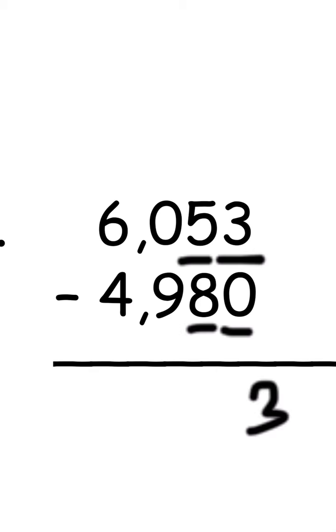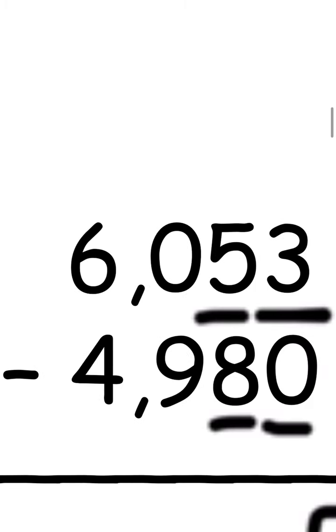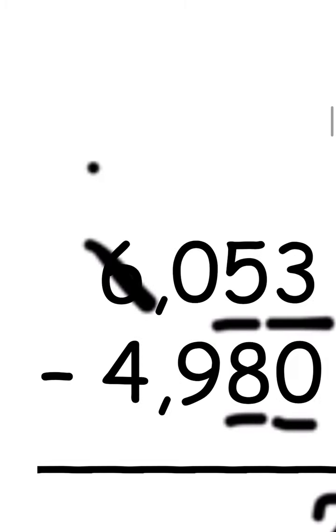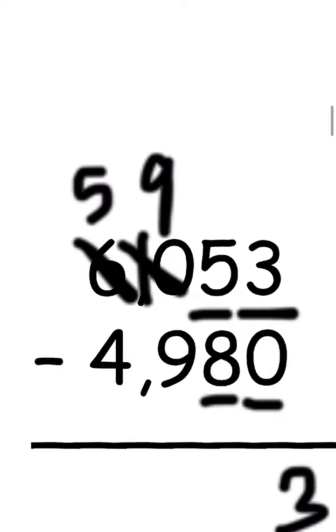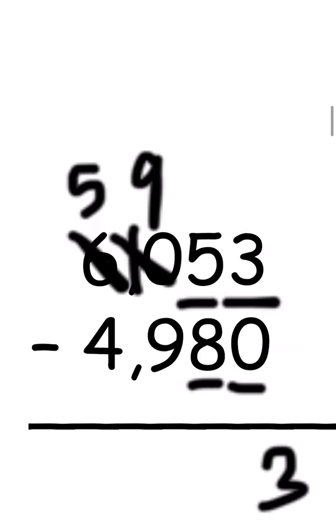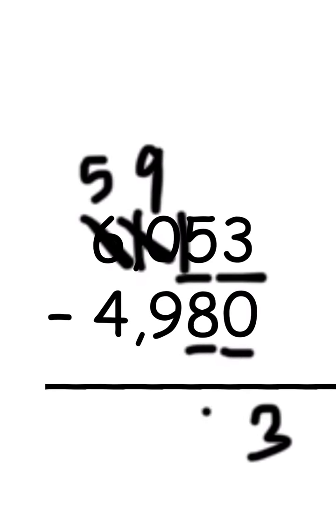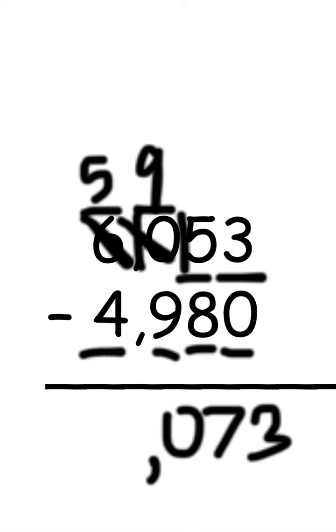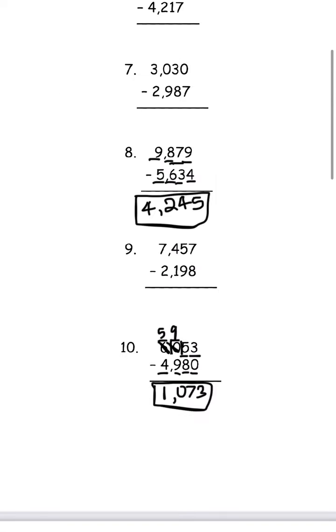We need to do 5 minus 8, but there is a 0 here, so we need to borrow from 6, which is going to be 5, and 0 is going to be 10, and we need to also borrow from this, which is going to be 9, and now 5 is going to be 15. So now 15 minus 8 is 7, 9 minus 9 is 0, and 5 minus 4 is 1. So 1,073 is the answer for number 10.